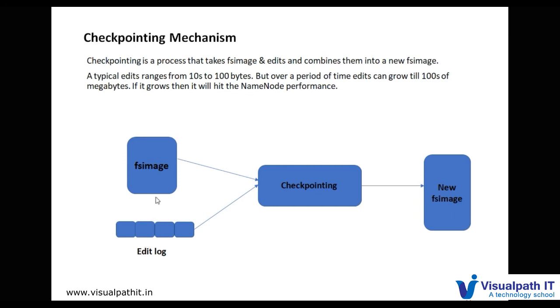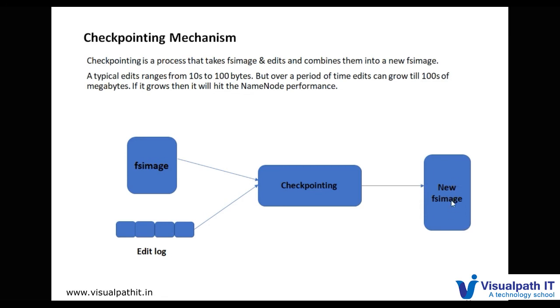If the name node goes down, the fs image has a backup in the secondary name node, but the edit logs don't have any backup. So to avoid this situation, after some time we need to merge these two, fs image and edits. That operation is called checkpointing, and we merge these two and create a new fs image.